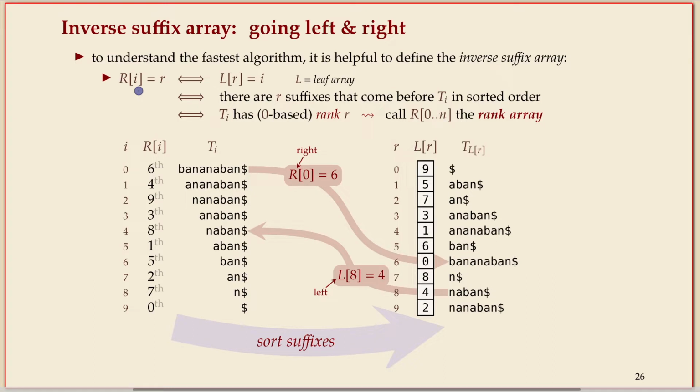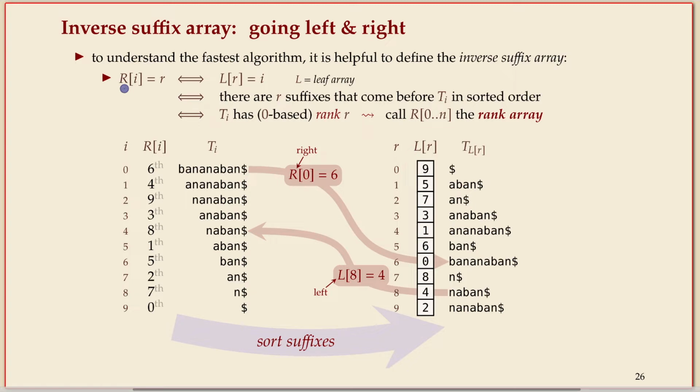It's just reversed. The definition of this was that the suffix starting at i is the rth smallest in lexicographic order, right? Another way to say that is that T_i has zero-based rank r. And so that's what will be in the rank array.